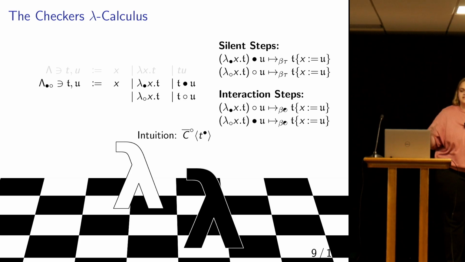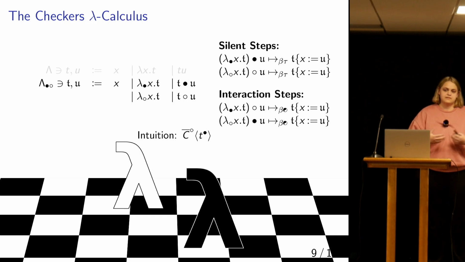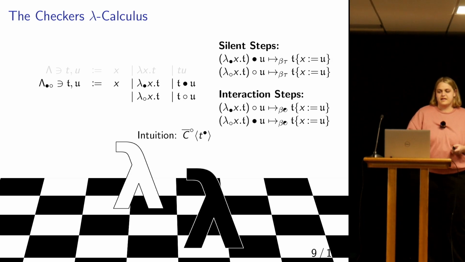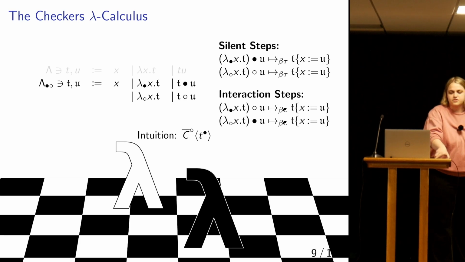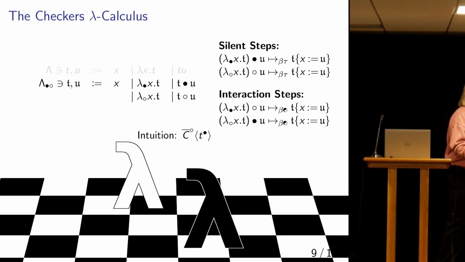That means that this is the program computing on its own, or the context computing on its own. And then we can mix these colors and have interaction steps, when the color of the abstraction does not match the color of the application. And so, for example, the first of these rules is somehow the program, that's in black, asking for an argument from the context.